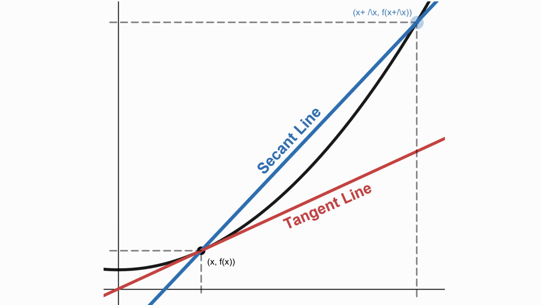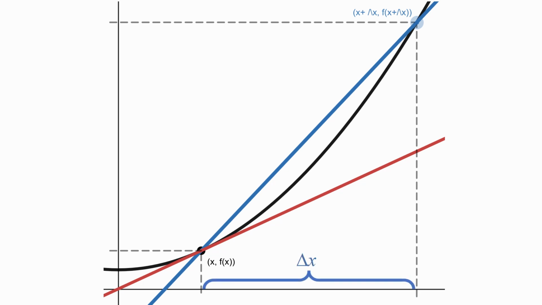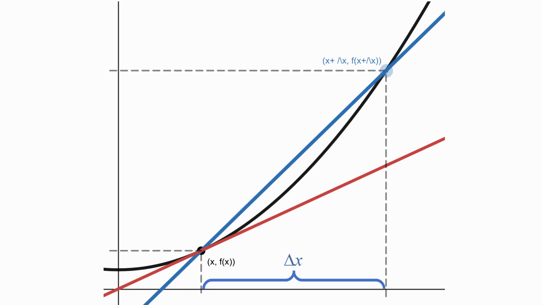Now you can see that the slope of this blue secant line is different than the slope of the tangent line. It's actually steeper. Now, if we let delta x get smaller, say to here, the slope of that secant line is still different than the tangent line, but it's a little bit closer to the slope of the tangent line.